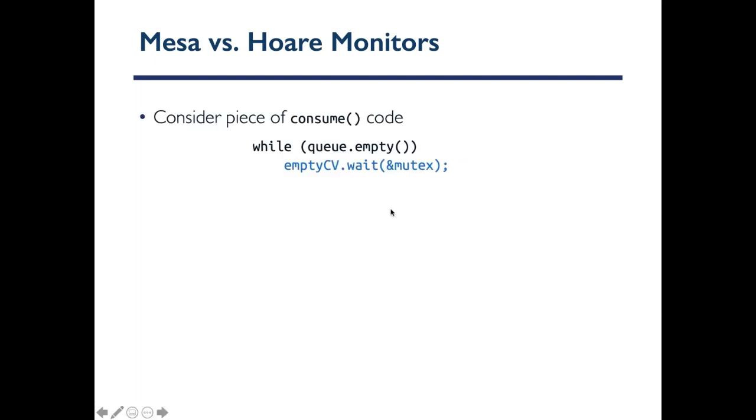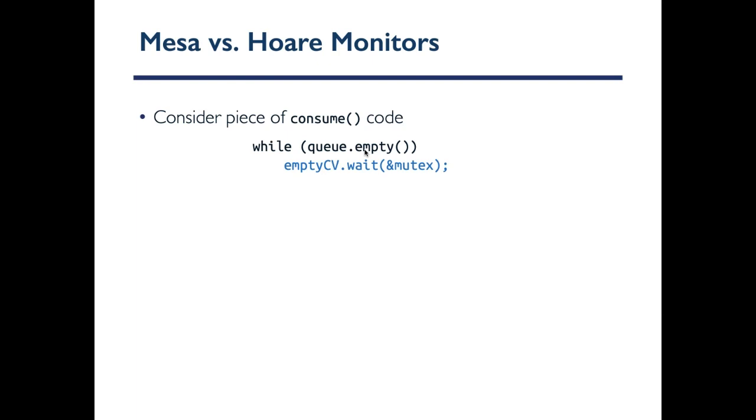The pattern we saw in the producer-consumer code was something like this. We had a while loop, and then we would check the condition that we want to wait on. Let's say we are a consumer and we want to consume an item, so we want to wait as long as the queue is empty.